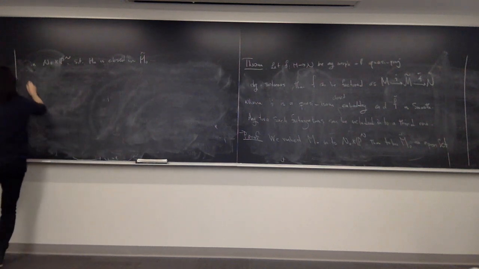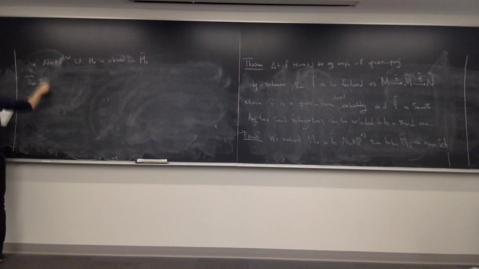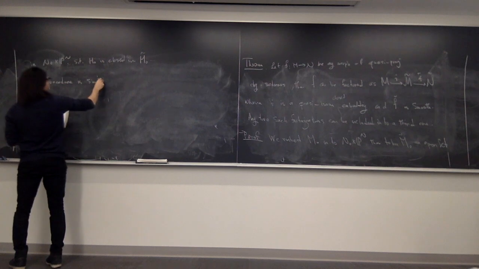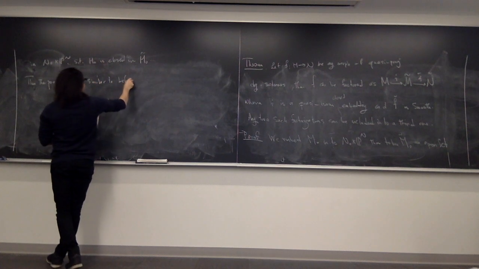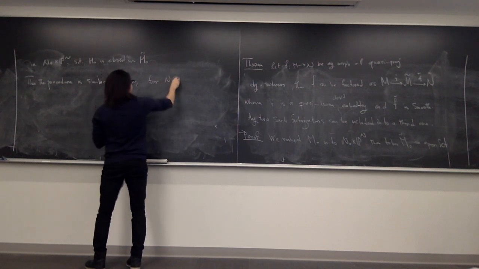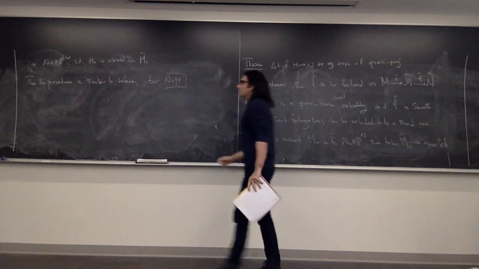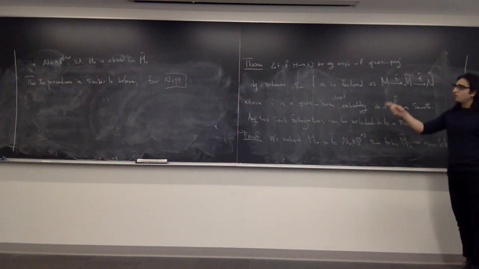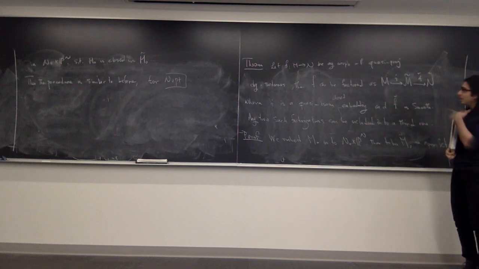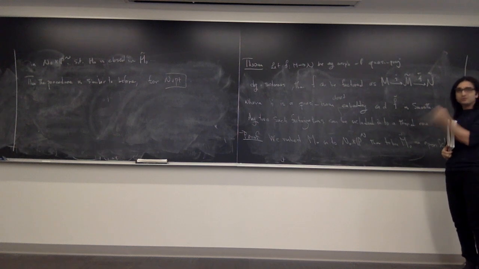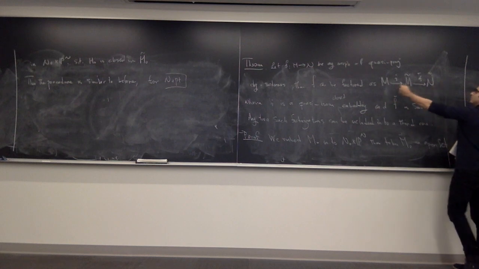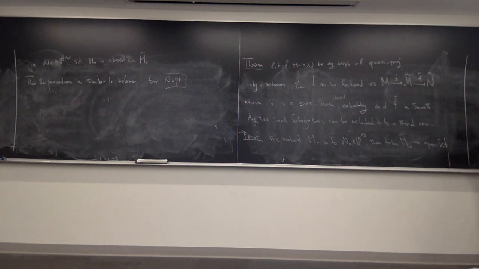Then the procedure is similar to before, for any closing point. Before we had the construction where I give you a DG scheme M, can I embed it into a DG manifold? And now we have a morphism of DG schemes M to N, and we are trying to turn it into a smooth morphism of DG manifolds.